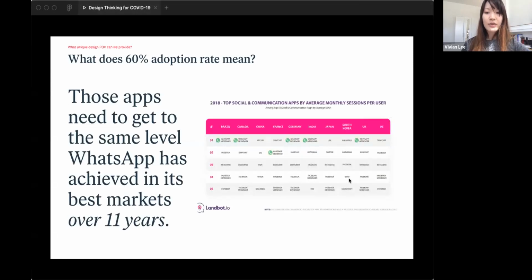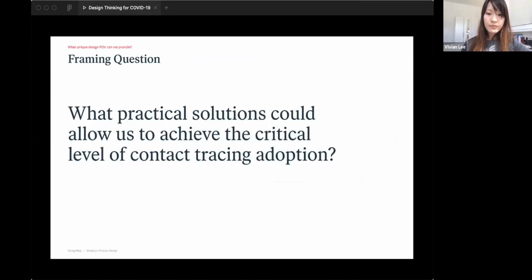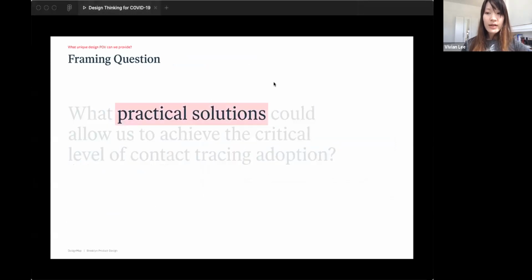And another example, WhatsApp took 11 years to get to 60% plus adoption rate in its best markets around the world. So that leads us to asking, what practical solutions could allow us to achieve the critical level of contact tracing adoption? And now I will pass it on to Sarah to talk about some of our ideation exercises.